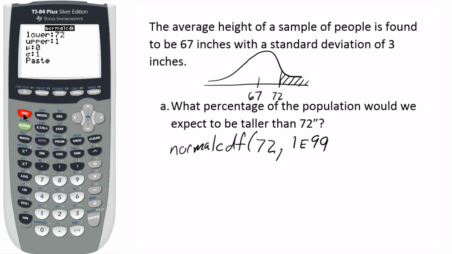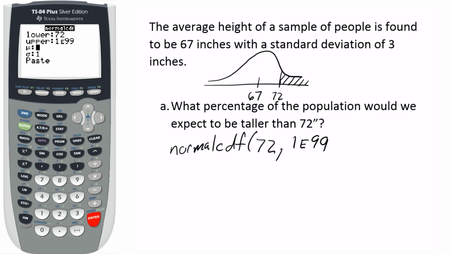We'll push 7, our second, and then the comma button right above that 7, and so that's how we get that E, and then 99. And so if we were, for example, trying to find the percentage of the population shorter than 72 inches, we'd be going from negative infinity to 72. So there we'd use negative 1e99, comma 72.